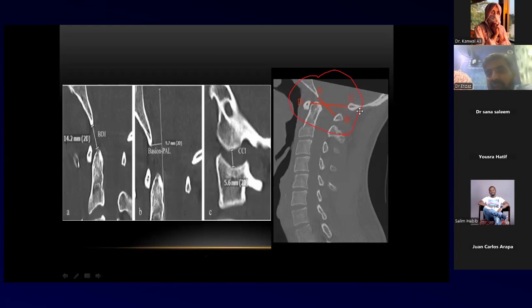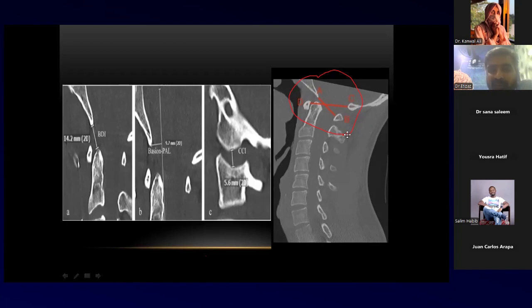The second measurement is from the opisthion to the anterior arch of C1, OA. This is B, and this is the posterior arch of C1. We call it AB, it is written here AB. So this is called Power's ratio.